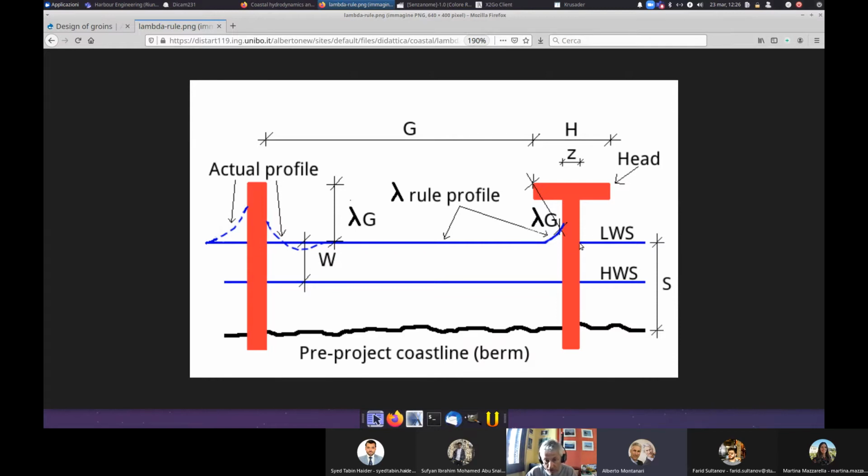And in the case of a T-shaped groin, of course, you have to take into account the shape of the groin itself. And again, by applying the lambda rule, you determine the length of the groin and the size, capital H, of the head, depending on the position that you established for the low water shoreline.